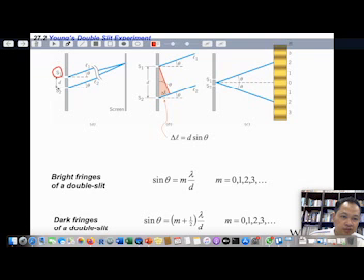This is the first source, and this is the second source, and the distance between S1 and S2 is D. Since the distance L is much larger than D, you can cut here. Actually, these paths are long like this, but we cut here, so they look parallel. L1 and L2 look parallel. They have the same angle theta here.